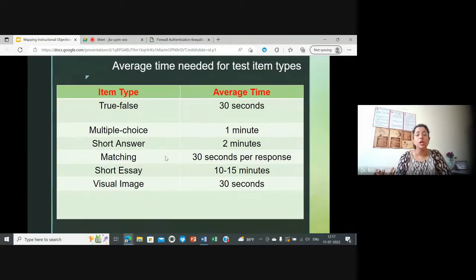So when you are preparing your question paper, keep in mind how much time a student will take for each test item. It shouldn't happen that you give, let's say, 15 marks for just one true false type of item. So all these things you have to keep in mind.